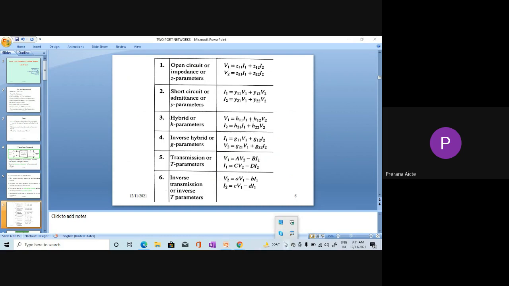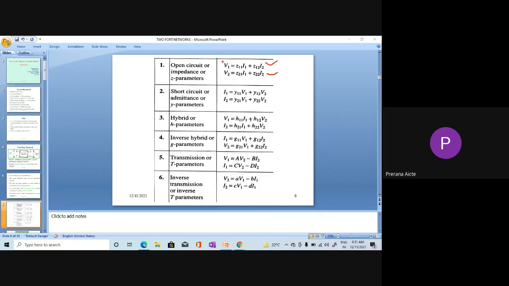If you look at the Z parameters formation, we have V1 and I1. V1 is equal to Z11 I1 plus Z12 I2. Try to concentrate. V2 is equal to Z21 I1 plus Z22 I2. These are the two-port network equations of your Z parameters.